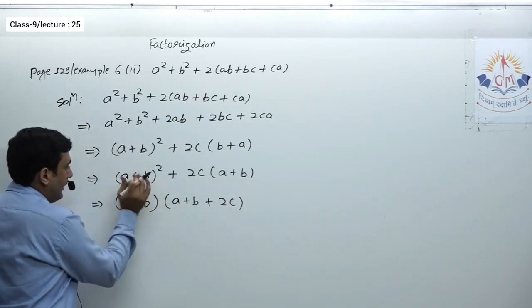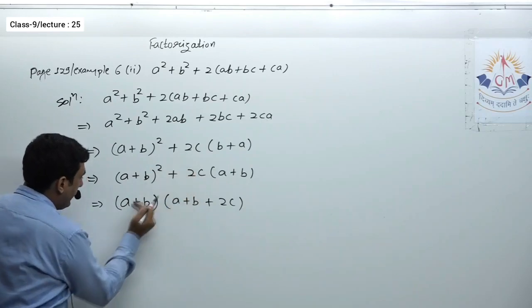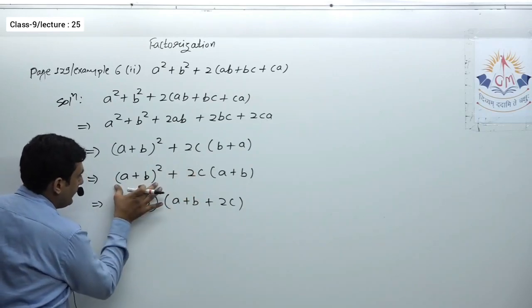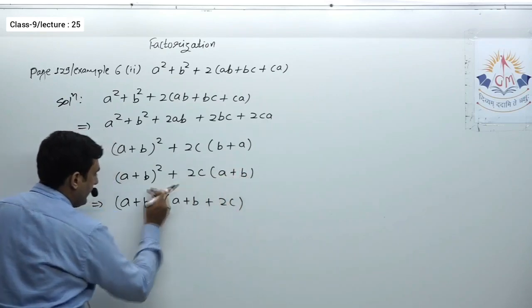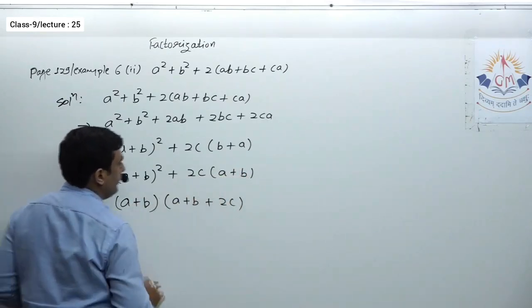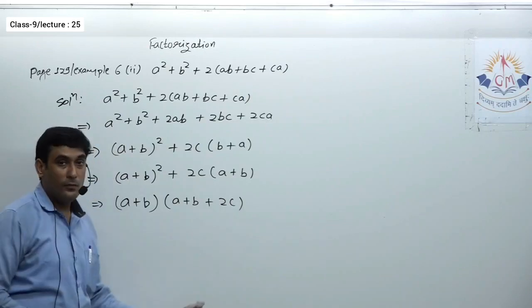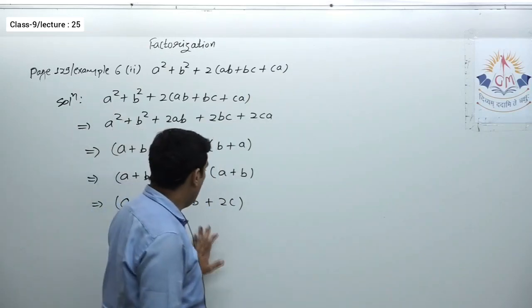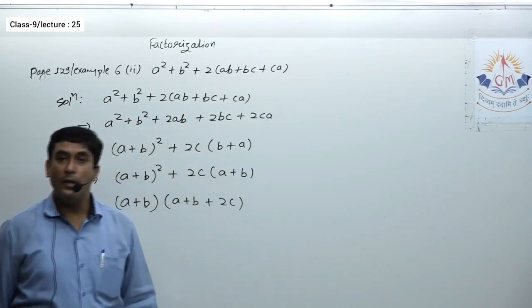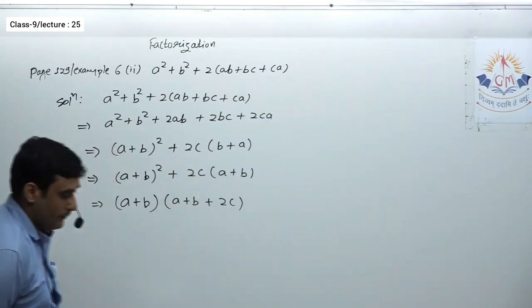This is 2 times a plus b into a plus b. One a plus b has been taken common, so one a plus b remains over here. And from here, if I take this a plus b common, I will get 2c over here. This is one of the ways to find the factors of this. So note it down, then I will give you one more way.